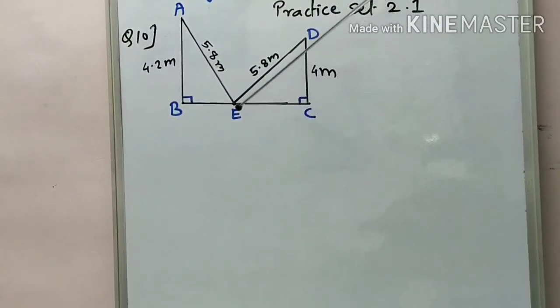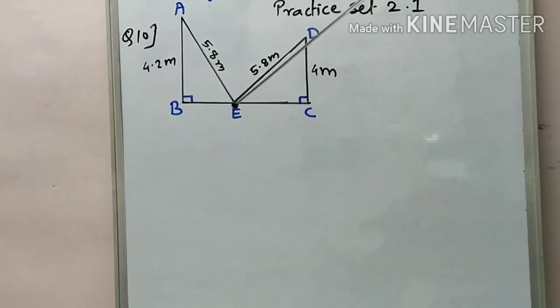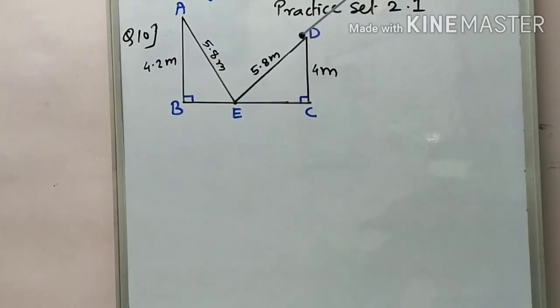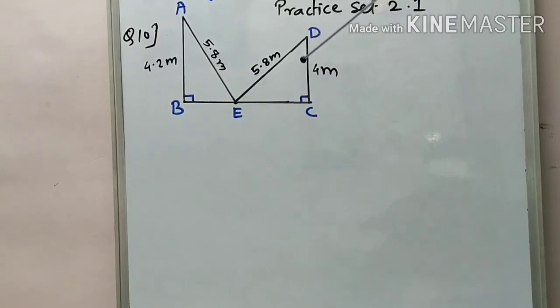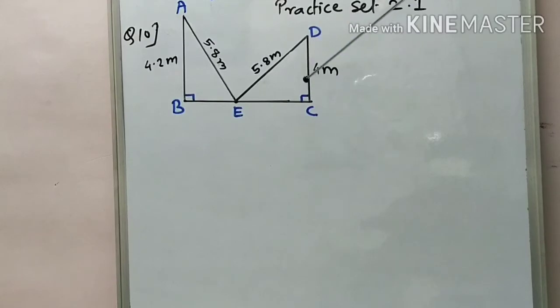Okay, suppose at point C is the bottom of the ladder, and the top of the ladder touches at point D, that is the window of that building at the height of what? 4 meter of that building.